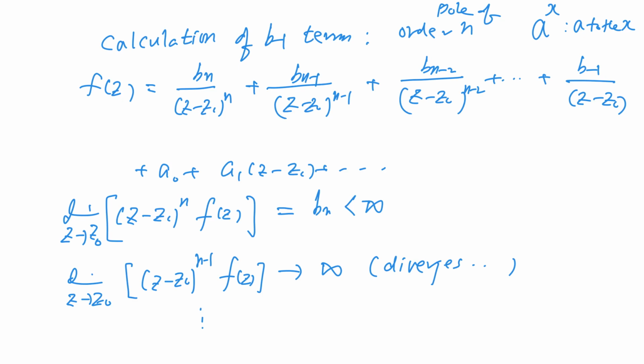So in this case, we say f(z) has a pole of order n. And in that case, how do we find b minus 1? So let's continue.